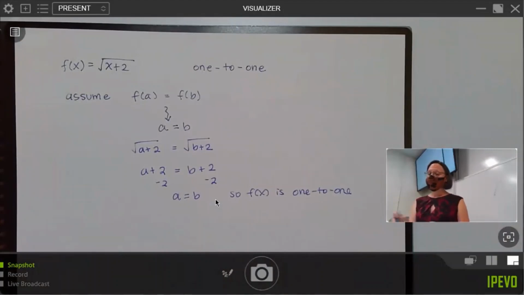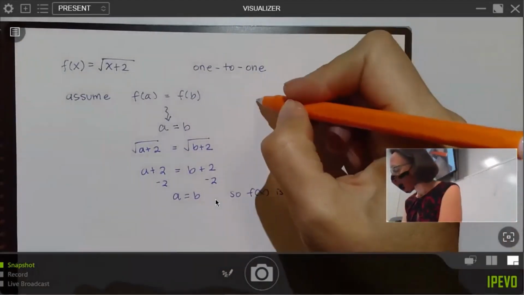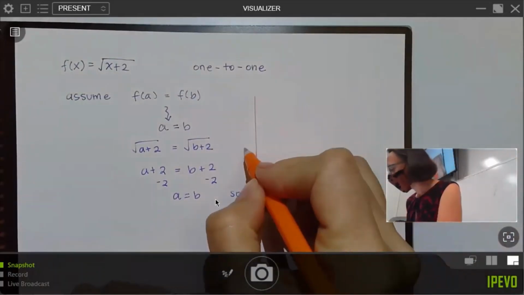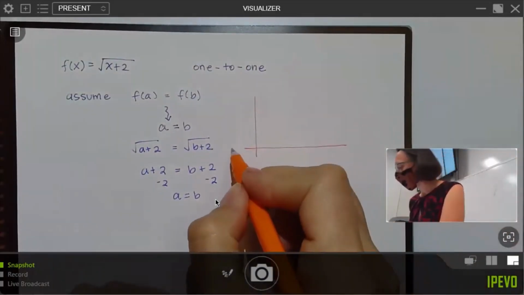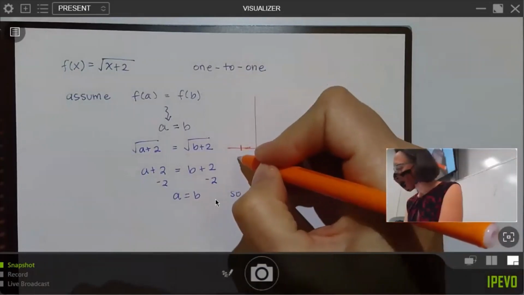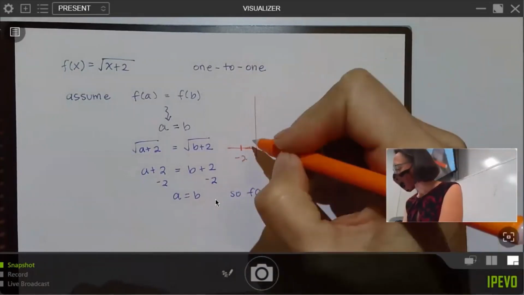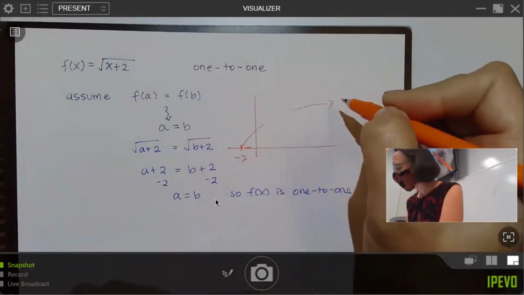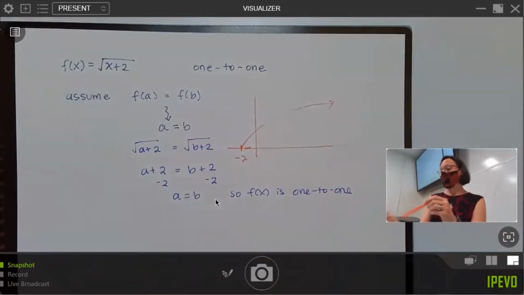We can also think about what this graph looks like. And if I were to get a graph going here, I know this is shifted over to sort of start at -2. And this thing certainly passes the horizontal line test, right?